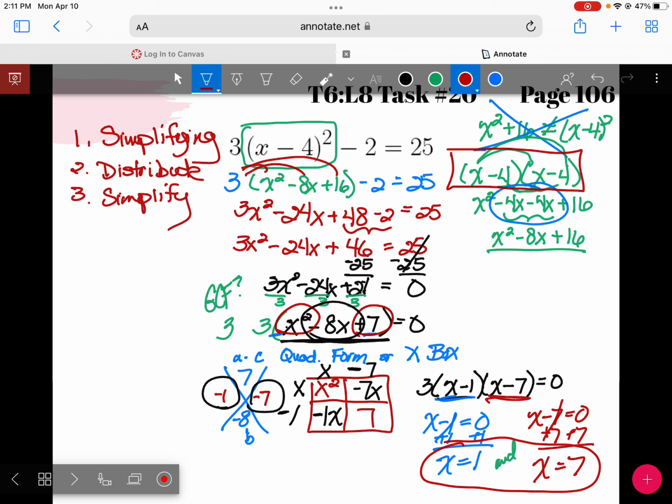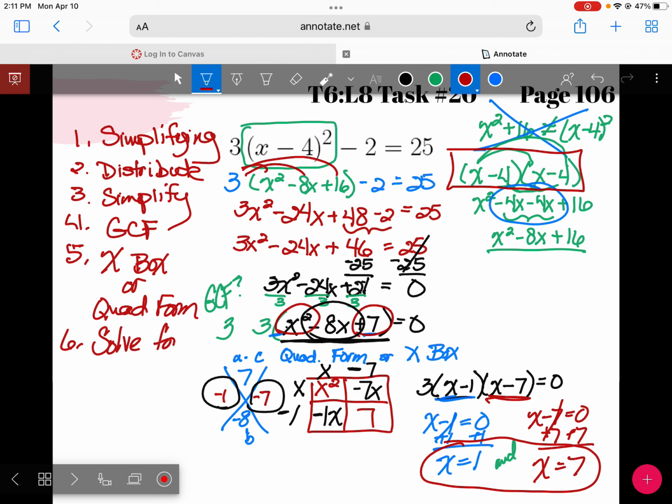Then we found a GCF. All right, then we got a new equation, and then you're like, okay, X box, does that work? Or is it going to be quadratic formula? And then at the end, when you set it equal to 0, solve for your x values.